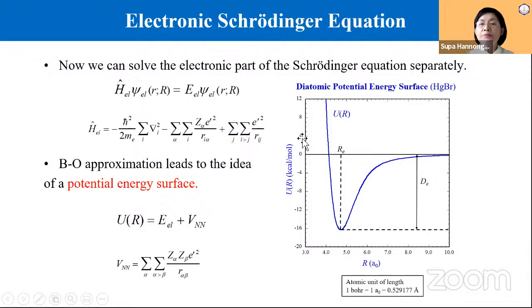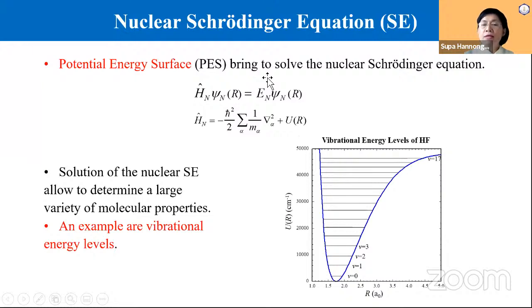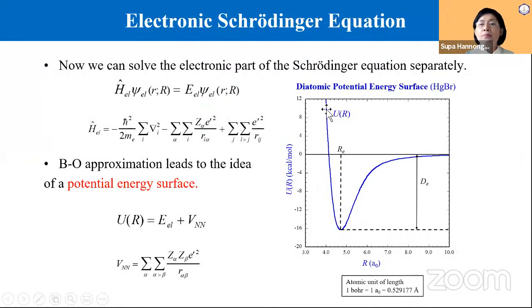You can see from this graph, the x-axis represents the distance between the two atomic nuclei. This is the potential energy curve, and you can see that the equilibrium distance between the mercury and bromine is about 4.6 or 4.7 atomic units.